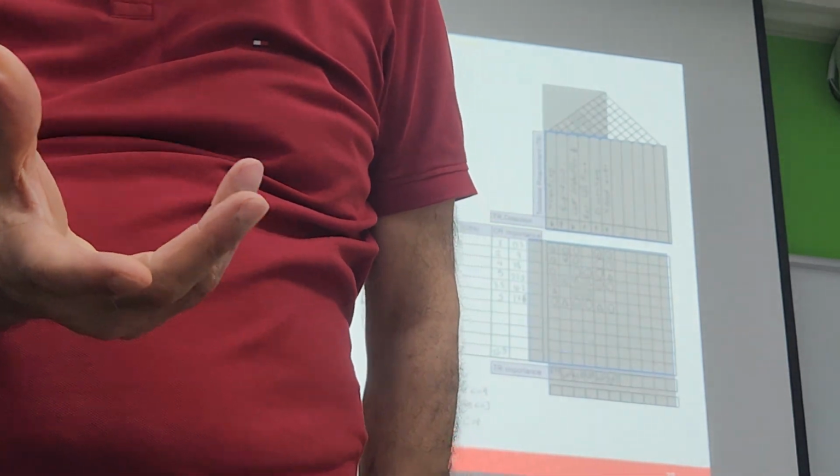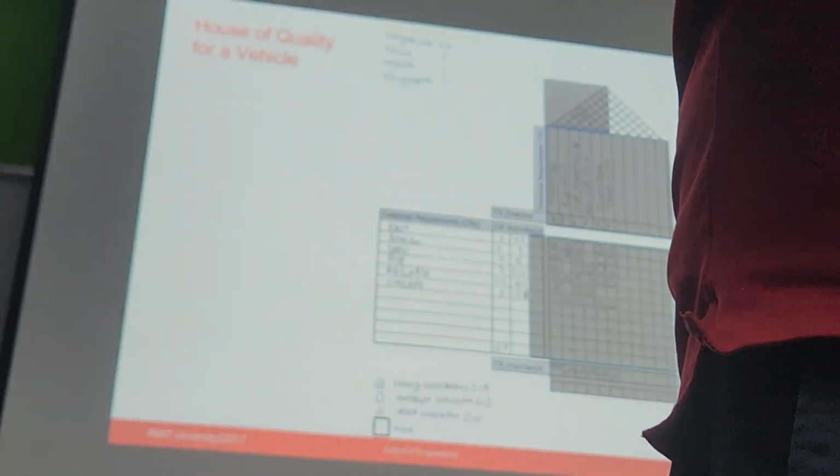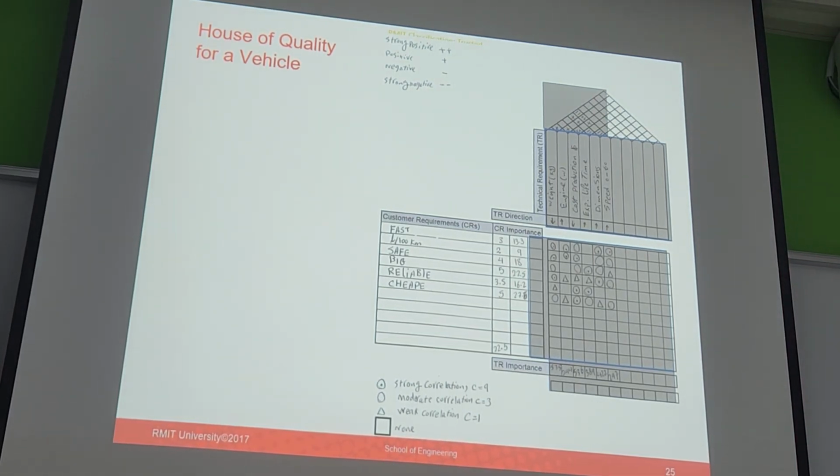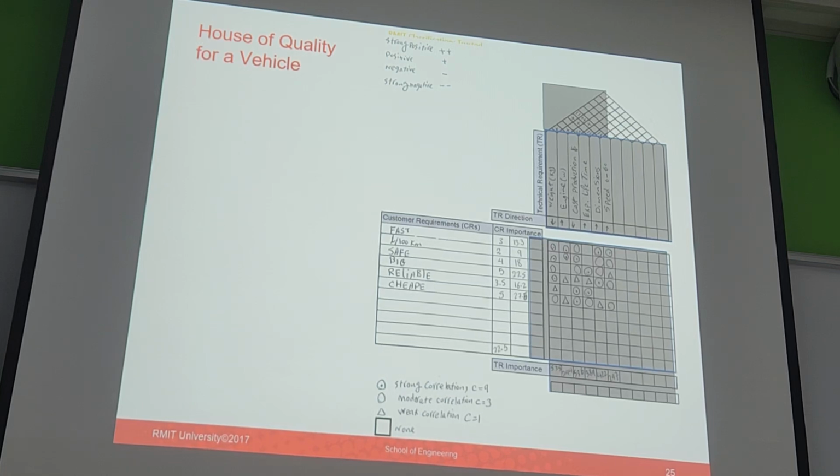A normal customer doesn't know about the engine. They don't know about any technical issue from mechanical engineering. Take the customer as a normal person. They would like to have a fast car. That's it. Fast car, what does it mean? For the customer, fast means very high speed.